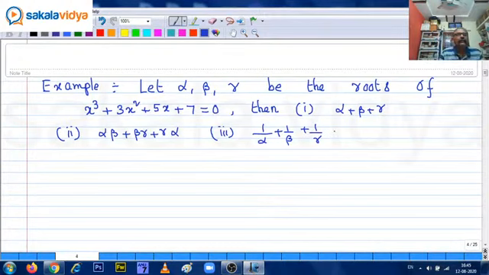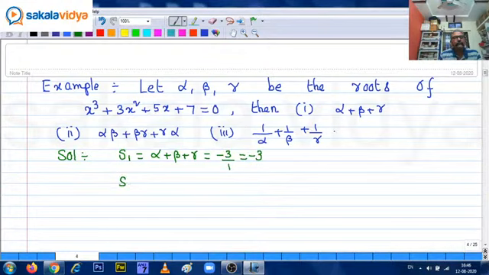So how to find the solution now? First, S1, that means alpha plus beta plus gamma. What do you get here? This is minus 3 by 1, minus 3.